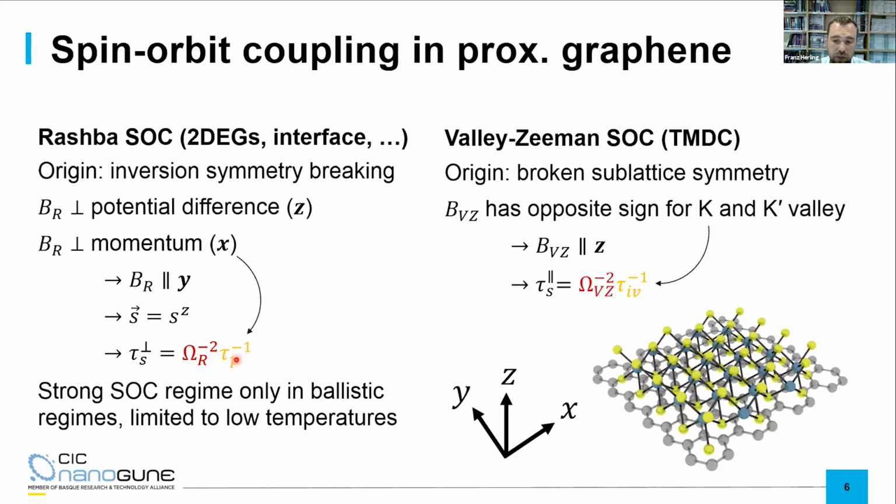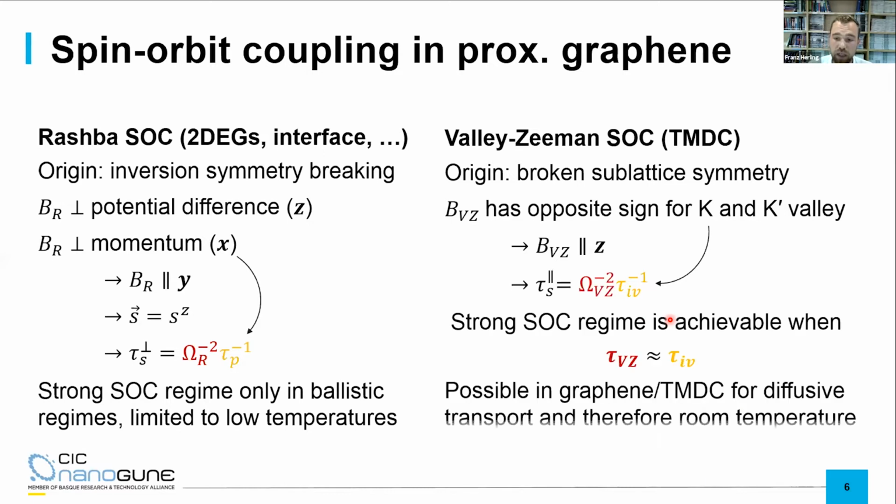And the characteristic time scale here is not the momentum scattering time anymore, but the intervalley scattering time, as the effective magnetic field will change for K and K prime valley. And as I told you, in TMDCs, there is a strong valley polarization that is imprinted into the graphene, as well as the strong spin-orbit coupling. So in that case, we can achieve the strong spin-orbit coupling for room temperature in a diffusive system.